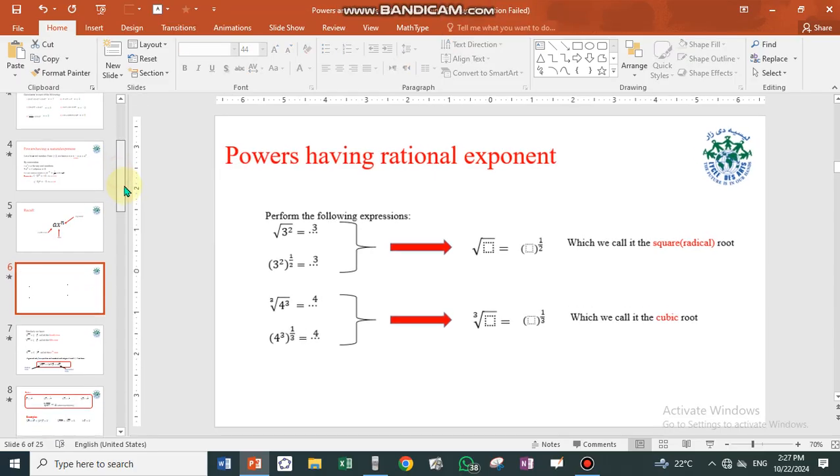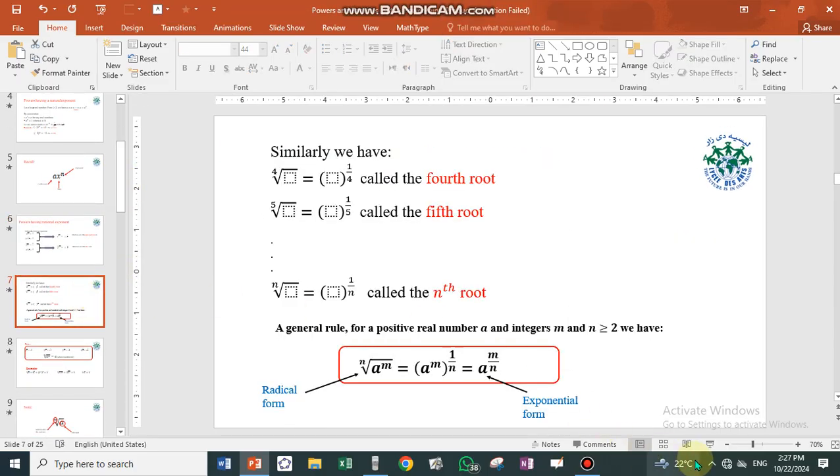And we can continue in this manner to the other kinds of radicals, like the fourth root of something, which is raising the base to the power 1 over 4, and this is called the fourth root, or the radical with order 4. This is the fifth root, and in general we may call it the nth root, where n should be a natural number greater than or equal to 2.